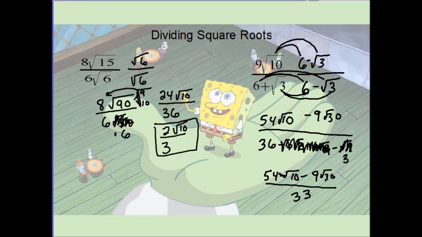So let's do that. We're going to do 54 divided by 3, 9 divided by 3, and 33 divided by 3. What that ends up giving me, make a little arrow here, is 18 root 10 minus 3 root 30 all over 11.